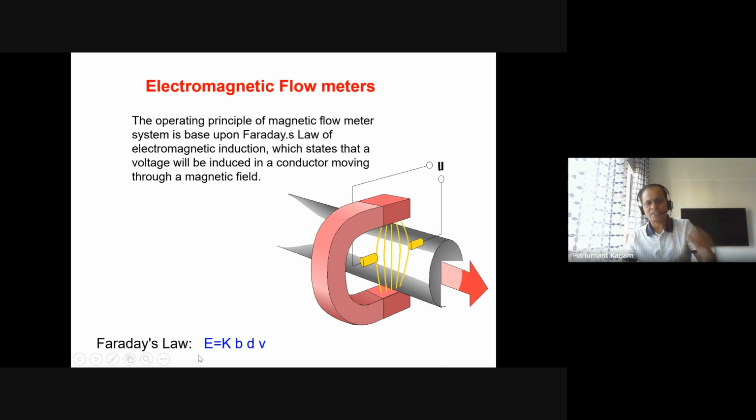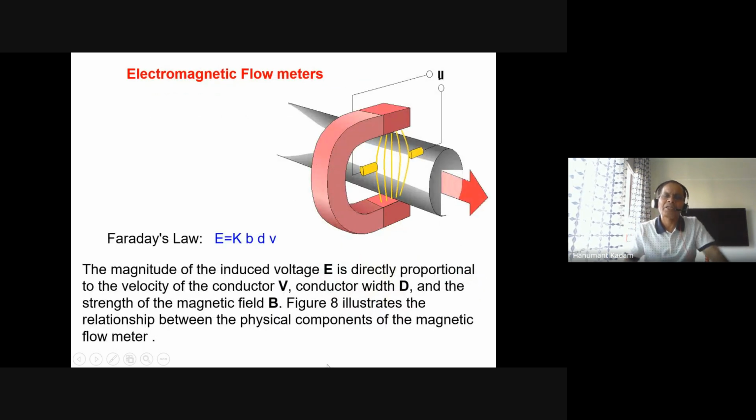So Faraday's law is E equals K B d V, where E is the induced voltage. What are these E, K, B, d, V parameters? In the next slide, the magnitude of the induced voltage E is directly proportional to the velocity of the conductor. This is the velocity V, the conductor width is d, and the strength of the magnetic field across it is B. So you get B d V, and K is a constant.